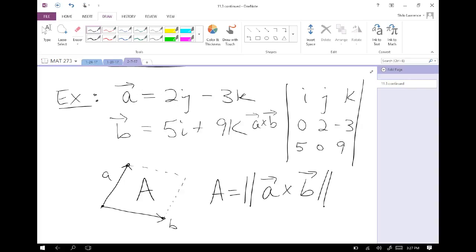And this would also be the magnitude of B cross A, because technically those would be parallel vectors pointing in opposite directions. They'd have this exact same magnitude. One's pointing into the board, one's pointing out of the board. B cross A would come out at us. A cross B would go in. So that's one of the things we do with the cross product. We can find the area of that parallelogram. But there's also a lot more stuff.